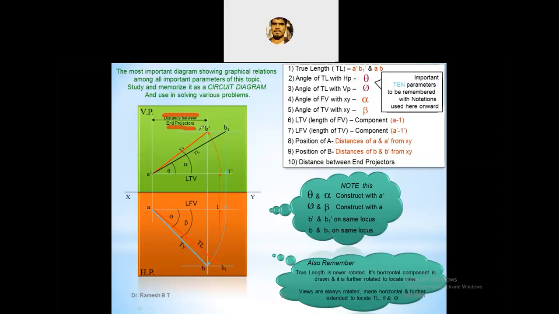The horizontal component is drawn and further rotated to locate the view. Views are always rotated, meaning the top view and front view we have to rotate then project. For true length, project then rotate. So these are the hints you have to remember.